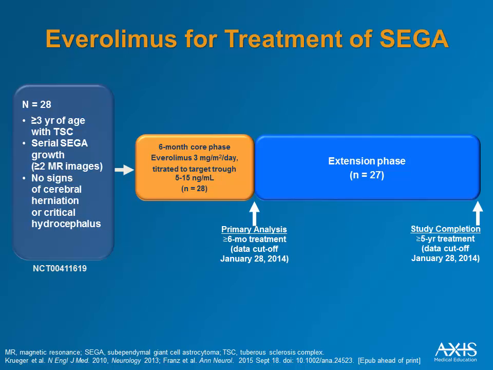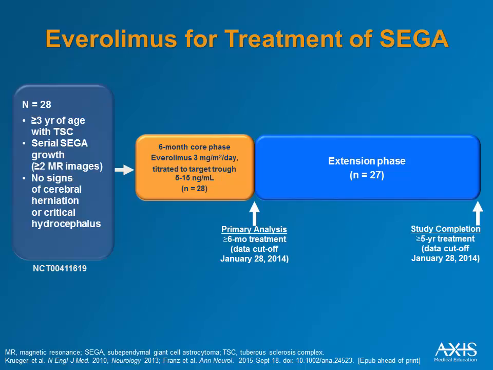So what I want to spend the remainder of my time on is talking about the clinical trials that have led to particularly approval of everolimus for treatment of SEGA, and talk a little bit about the side effects that emerged from those clinical trials.